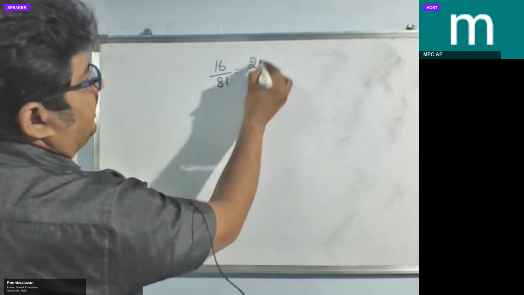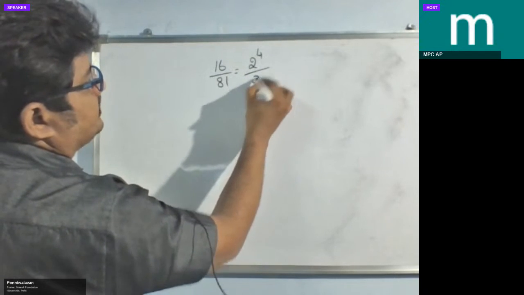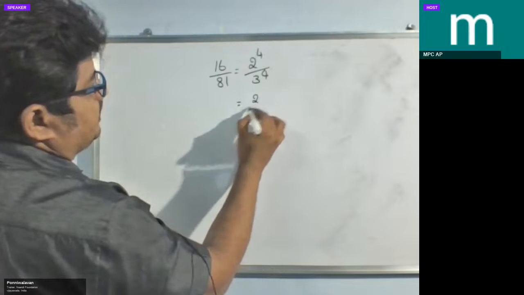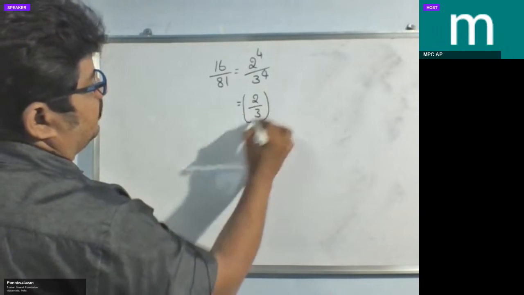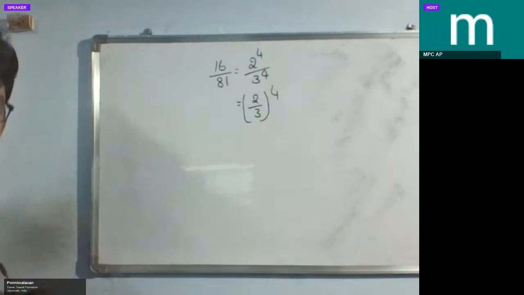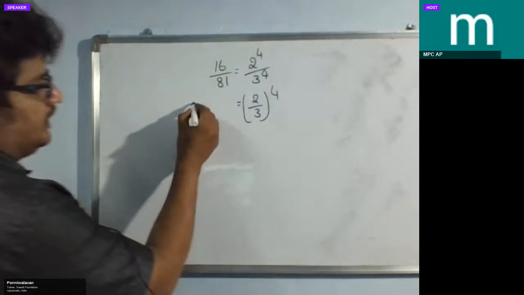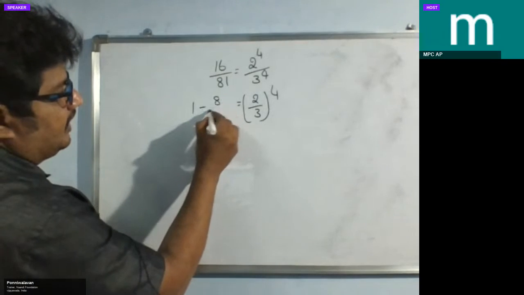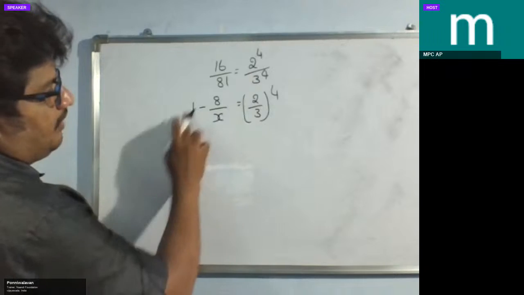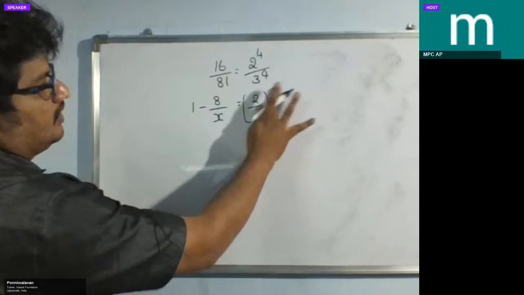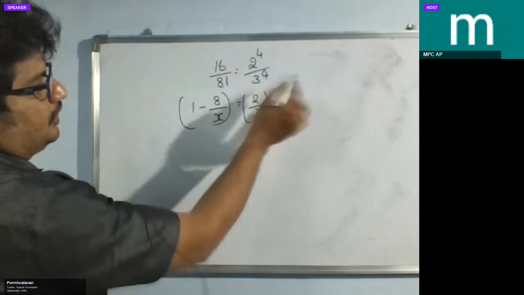So I can take this as 2 power 4, and this is 3 power 4. And here you are getting 1 minus 8 by x. So here also the 4 gets cancelled out.